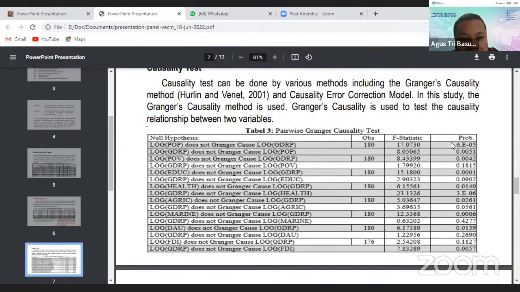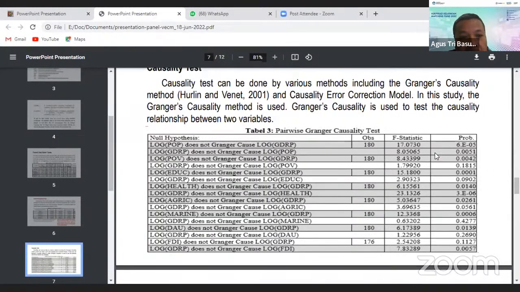The probability is less than 0.00006. So this Granger causality indicates that GDRP has an effect on population.